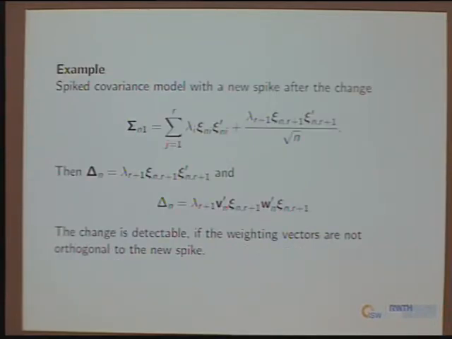For example, if we have a spike covariance model and after the change a new spike arises in our model, then of course the change is detectable if the weighting vectors are not orthogonal to the eigenvector corresponding to the new spike.